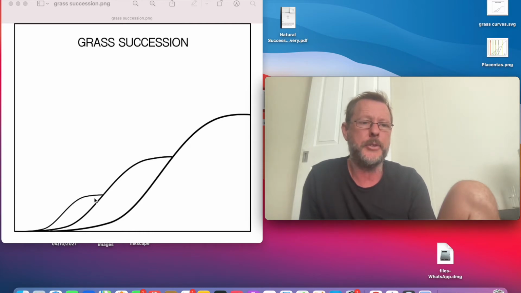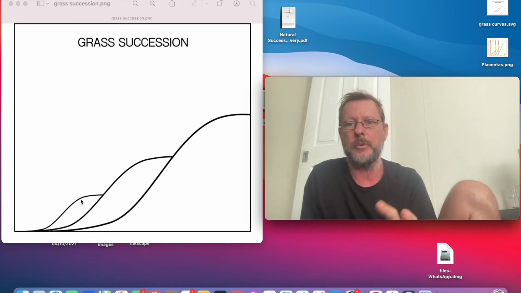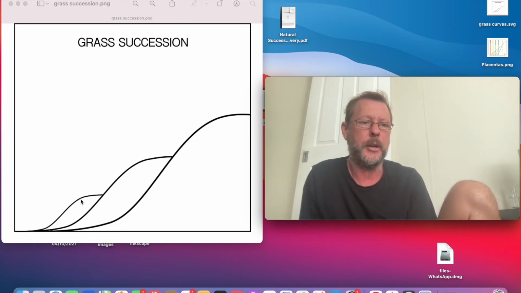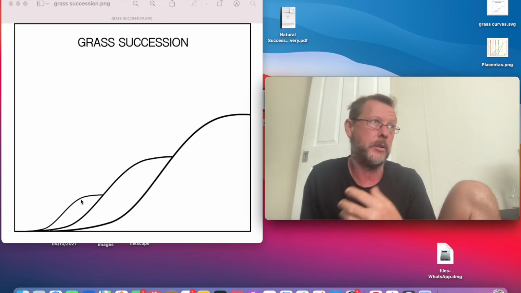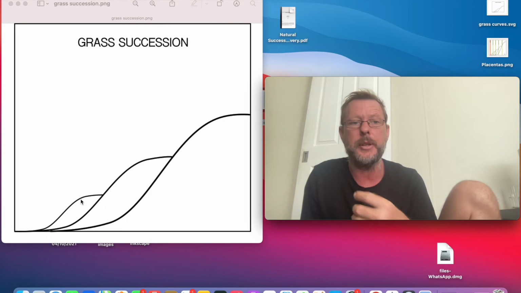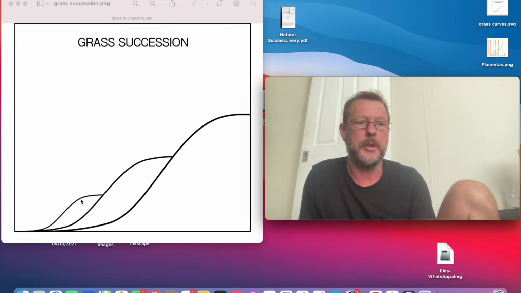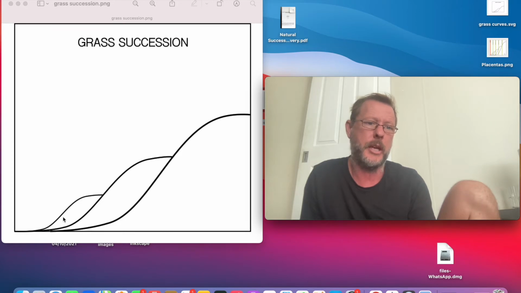What matters is that their life cycle is the same or close enough so that it can be managed in one group. So if it's a couch and a kikuyu, or a couch and some other low succession grasses like that, and they all have a similar life cycle, well, then we can group them into this for the sake of this talk.